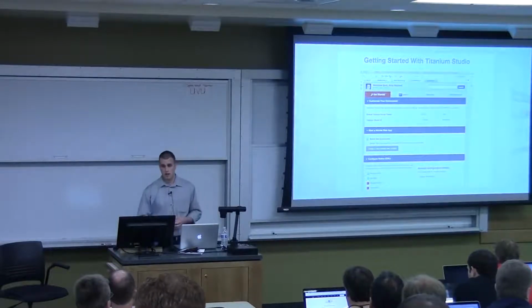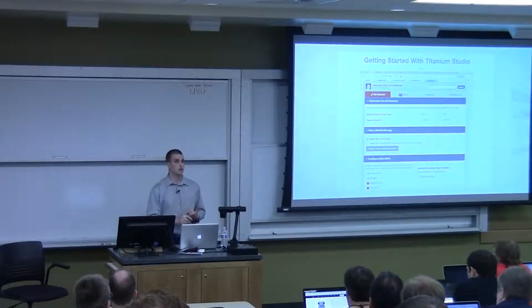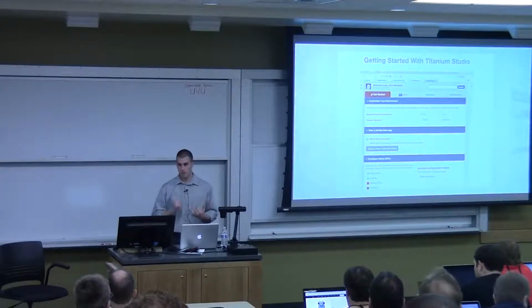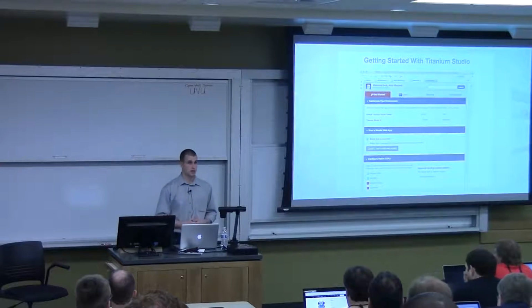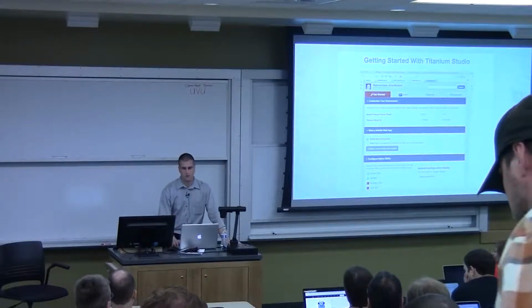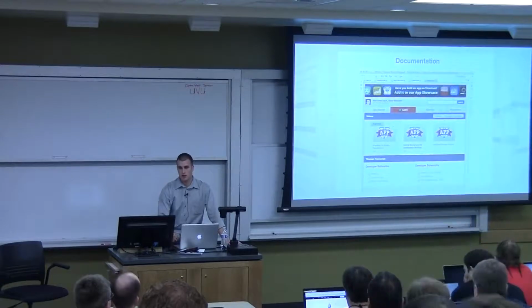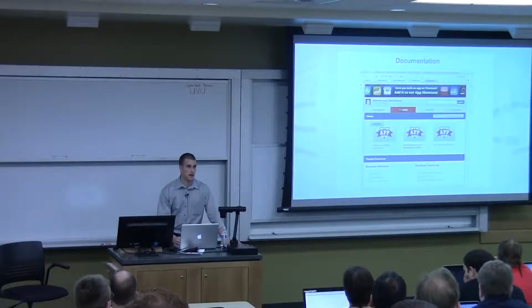But you download their Titanium Studio. They've got a Get Started here. This will help you configure, get all the SDKs you need for Android, for BlackBerry, for iOS. It'll make sure that you've got the right stuff configured and installed so that you can immediately just start coding and testing it on these devices. The second tab there is Learn. This gives you quick access to their API documentation and other videos and things that they have.